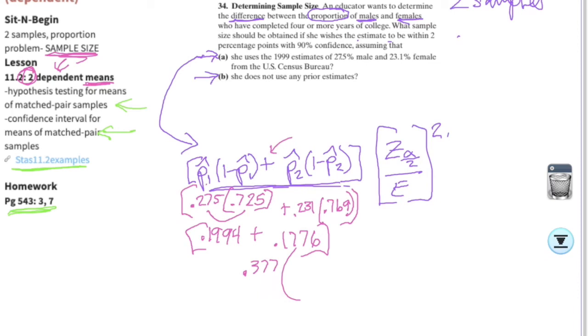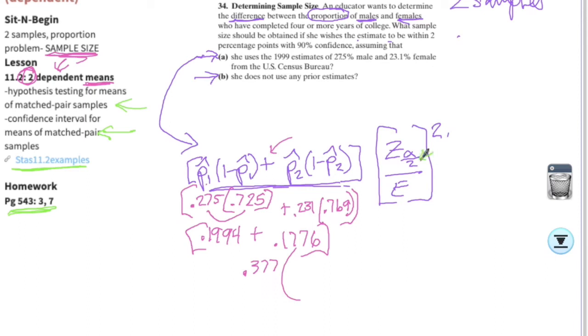So to find my z-score of my alpha divided by 2, I'm going to look in the back of my book. I'm going to go to table 5. And in the bottom left corner, it says confidence interval critical values. I actually use these same critical values to find my alpha divided by 2 here.